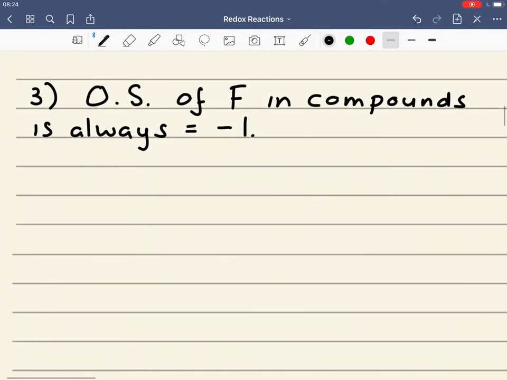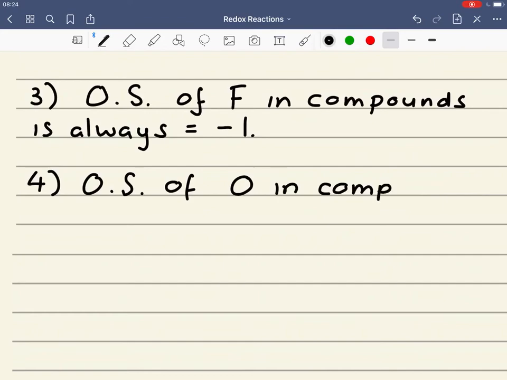Let's look at rule number 4. The oxidation state of oxygen in compounds is nearly always -2.